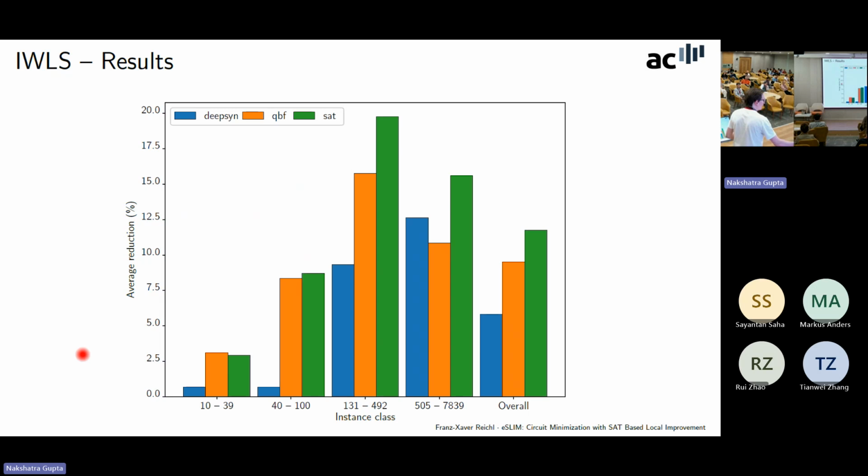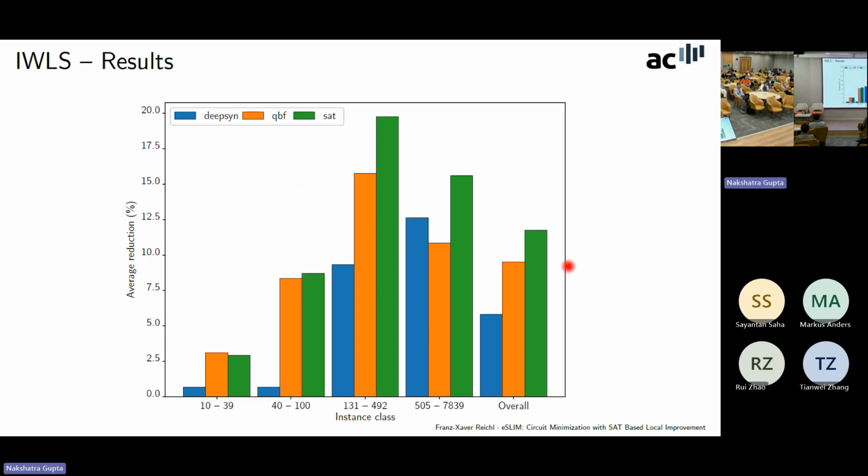Here you see the average reduction of gates in percent compared to the initial circuit. We split up the instances into classes according to the number of gates in the initial circuits, and we compare deepsyn, the old QBF-based approach, and the SAT-based approach which I presented now.